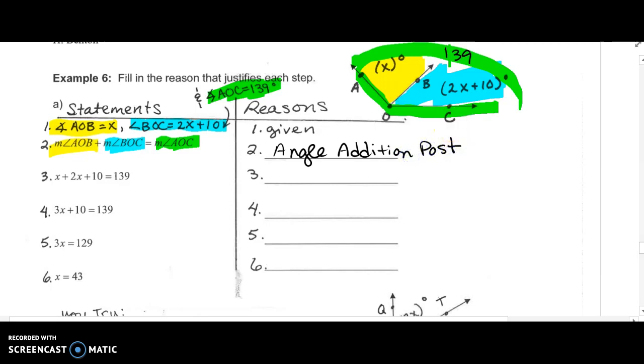Then from here, we're substituting, replacing each of those angles with their algebraic expressions. So that would be substitution, the replacing kind.